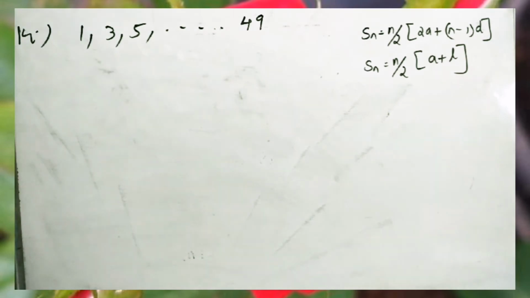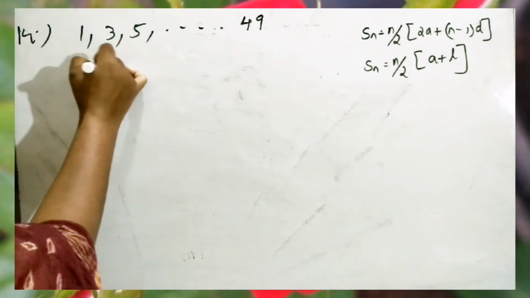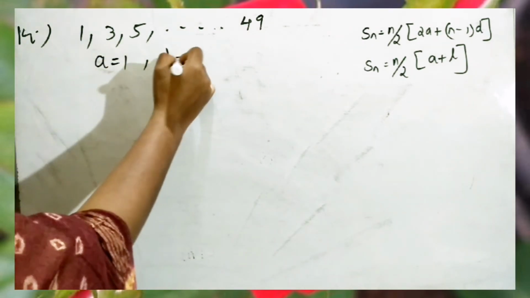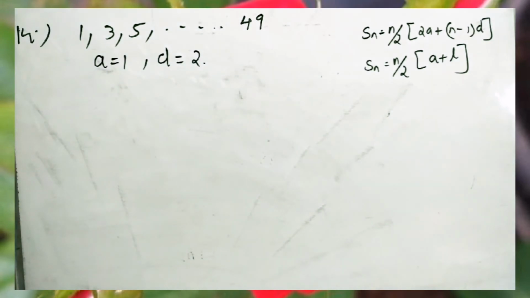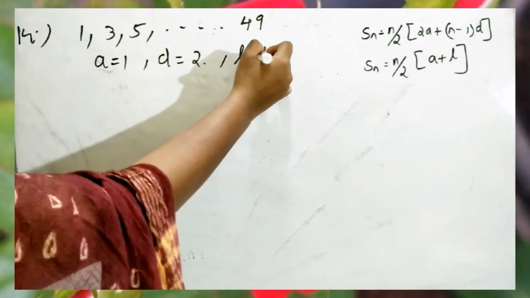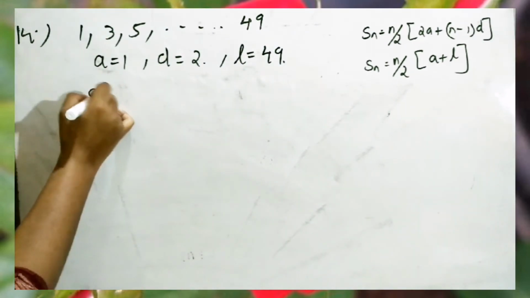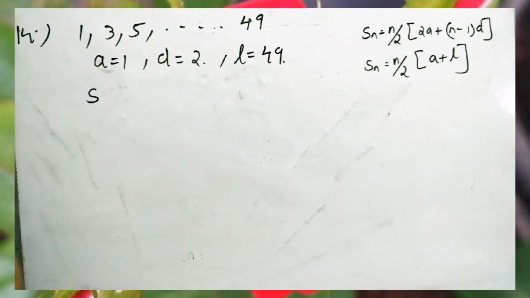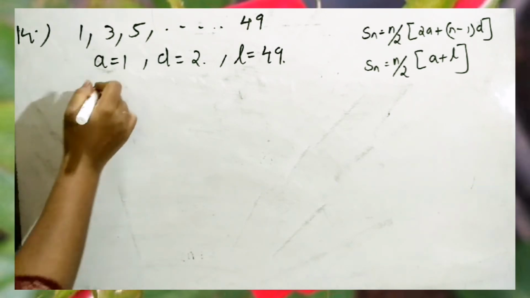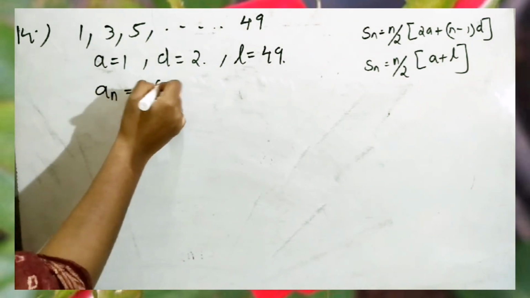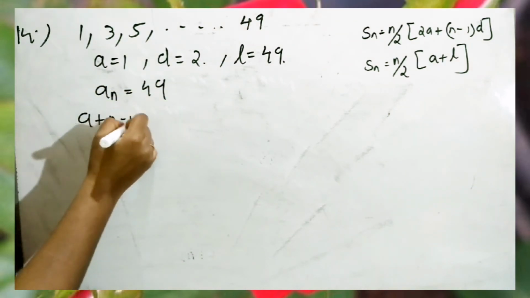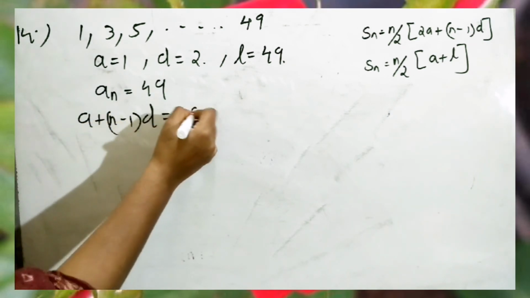This is obviously an AP with A equal to 1 and D equal to 2. Then the last term, that is 49. If you want to find out the sum, we need to find out the position of this 49. So n-th term, that is A plus (n minus 1) into D is equal to 49.